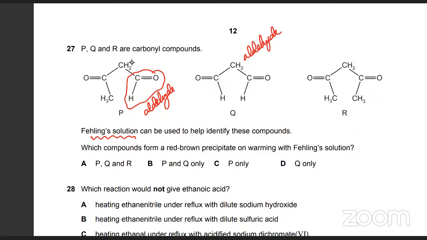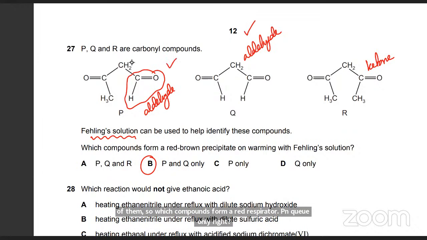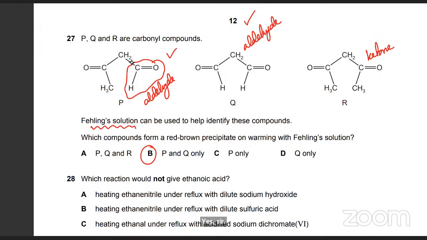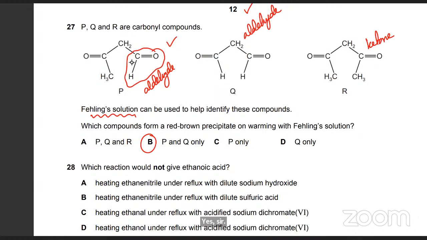And the third one, that's a ketone. Okay, so which compounds form a red precipitate? P and Q only, right? Yes, sir. Both of them are going to get oxidized. Okay, next one.